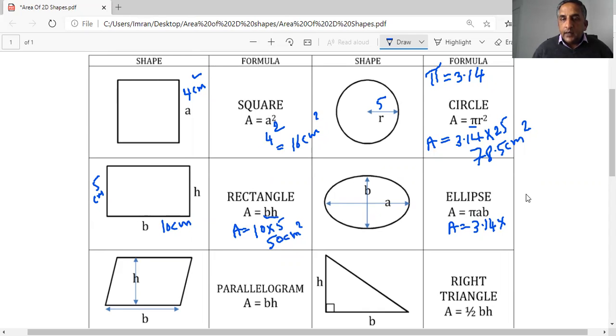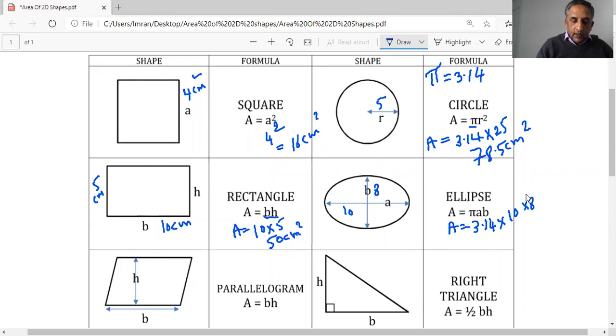So we find the length of the a. For example, in this question, the length of a is 10 and the length of b is, for example, 8. So we do 10 times 8, right? Then we can put this into the calculator, so we'll get the final answer.